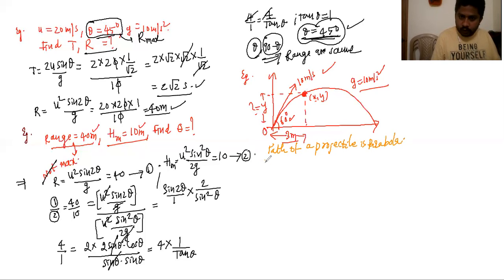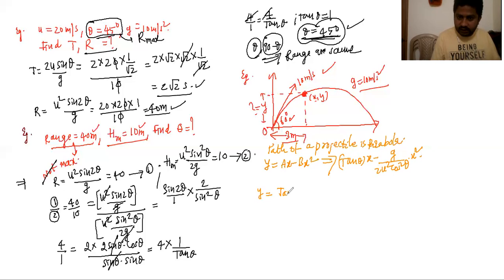Now, y is equal to ax minus bx square. We know x, and y we need to find out. So this is tan theta into x minus g by 2u square cos square theta into x square. So that is y is equal to ax minus bx square. That is why we need to find tan theta.